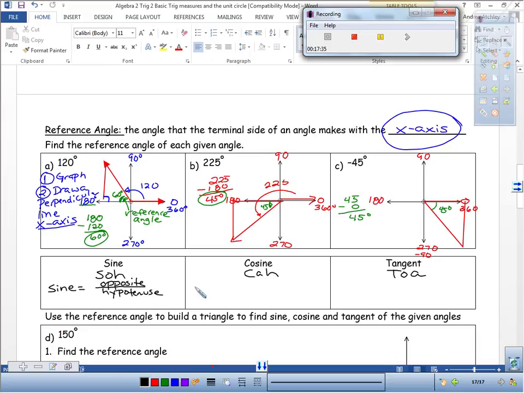The cosine then equals the adjacent over hypotenuse. And then the tangent equals the opposite over adjacent, sorry.